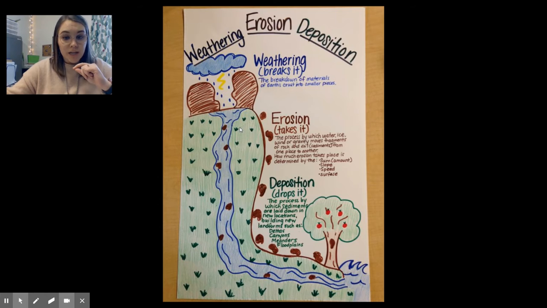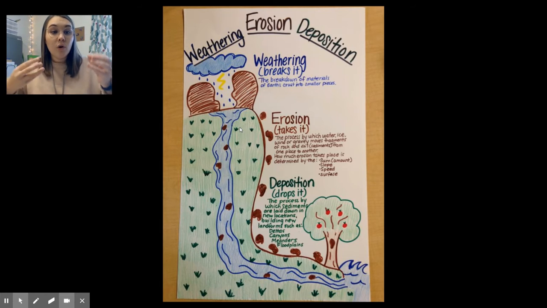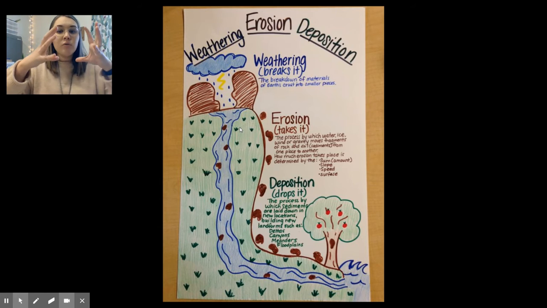Now, erosion takes it. So weathering breaks it, erosion takes it. That is when water, ice, wind, or gravity, remember we talked about gravity, takes those fragments from weathering and moves them from one place to another.